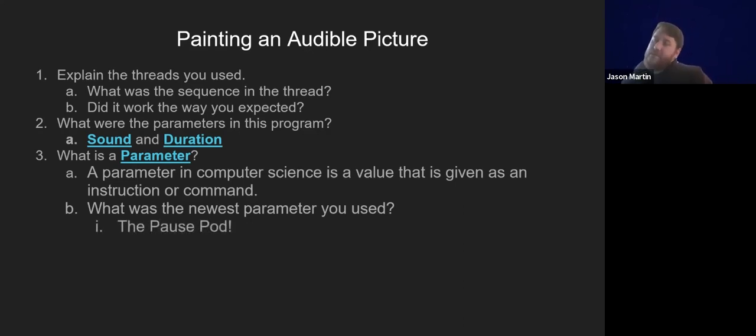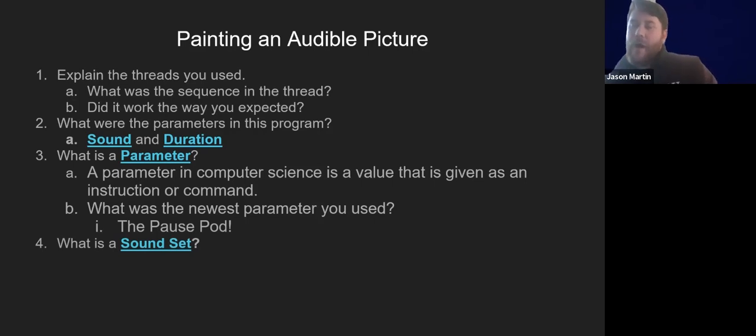I asked them to take some part of your thread and include the pause pod and delay an interaction to make it last longer. So with CodeJumper, as you progress through the curriculum, you gradually add these things in. It can be a very lengthy program if you use it in small doses, or it can be reiterated with students in large doses.